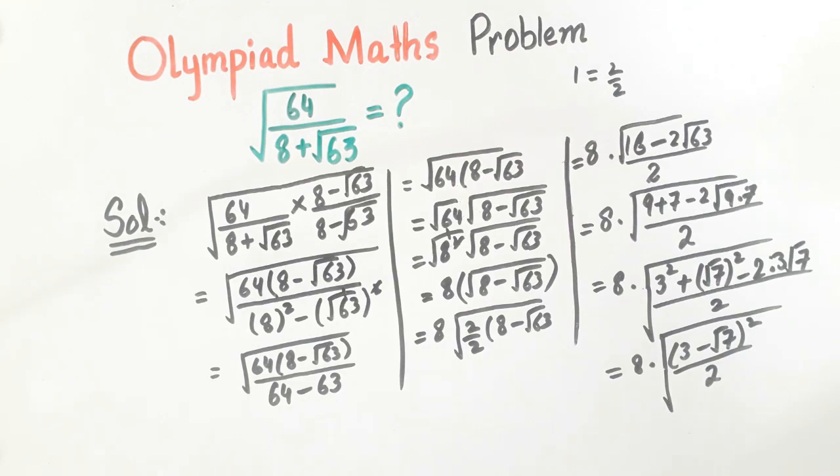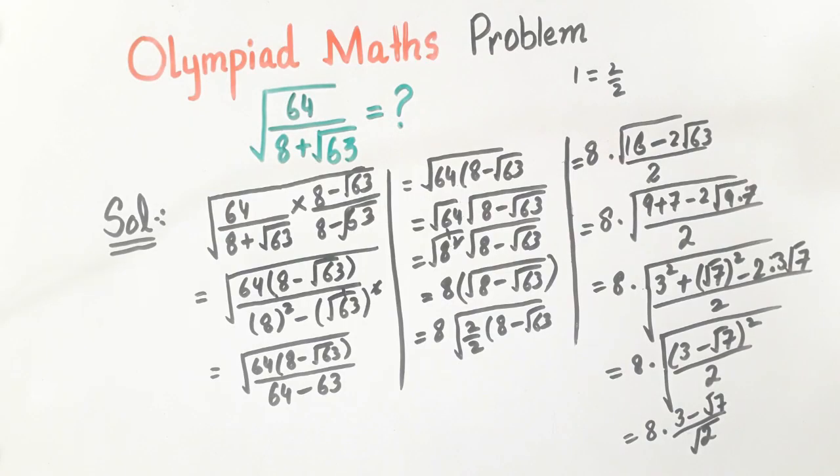Now we will solve this further here, that this square is cancelled out by the square root. So we have 8 into 3 minus square root of 7 divided by 2, and now square root is present here.